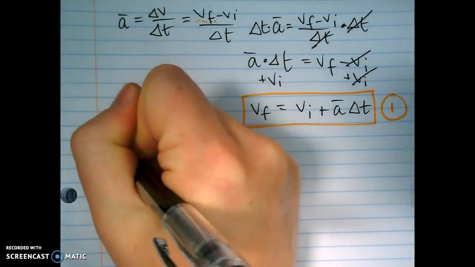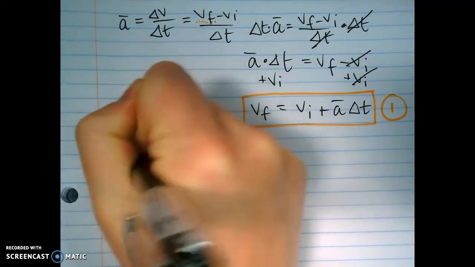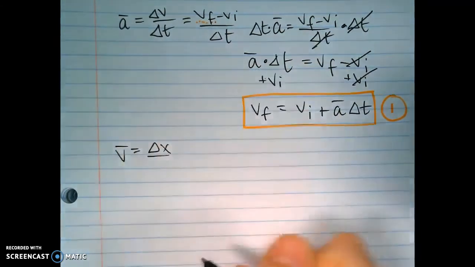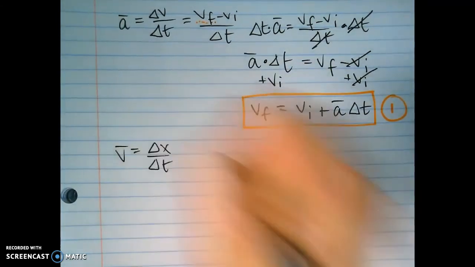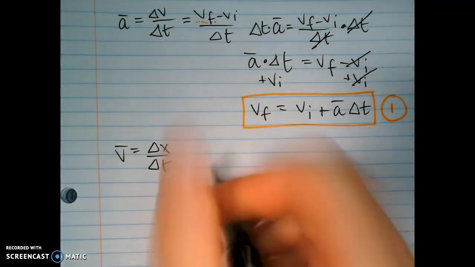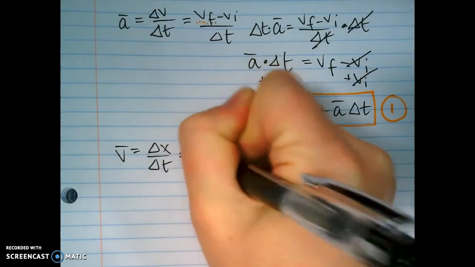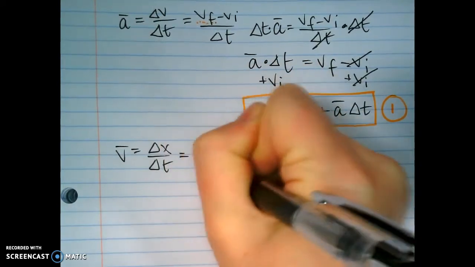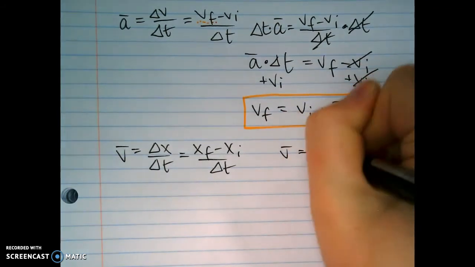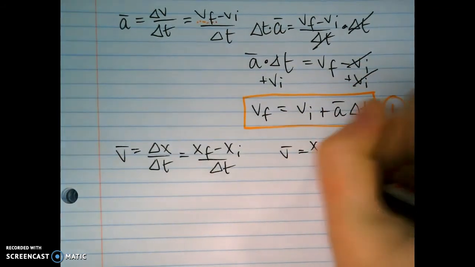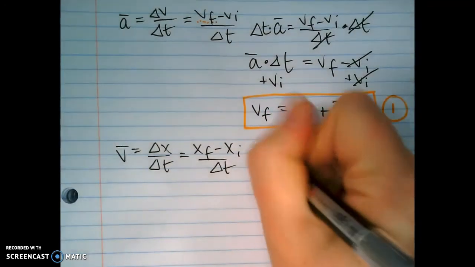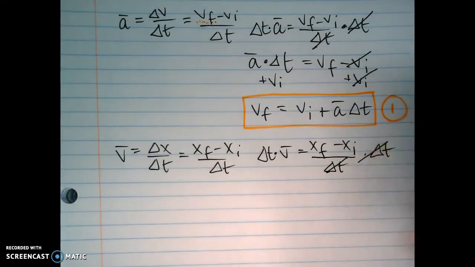I'm going to take my equation for average velocity. Average velocity is our displacement divided by our change in time. And I'm going to do the same rearranging for this one. So if I rewrite that, I'm going to remove my time interval from the bottom by multiplying both sides.